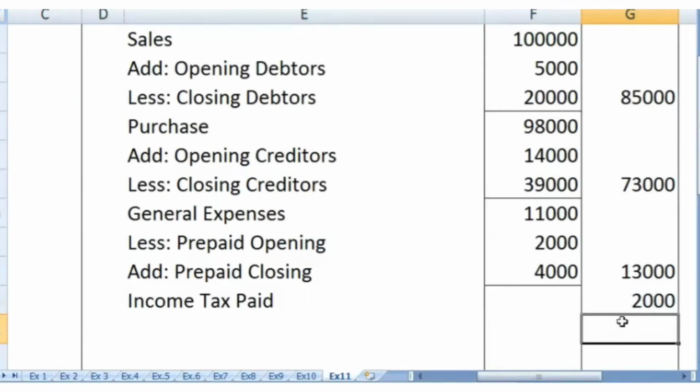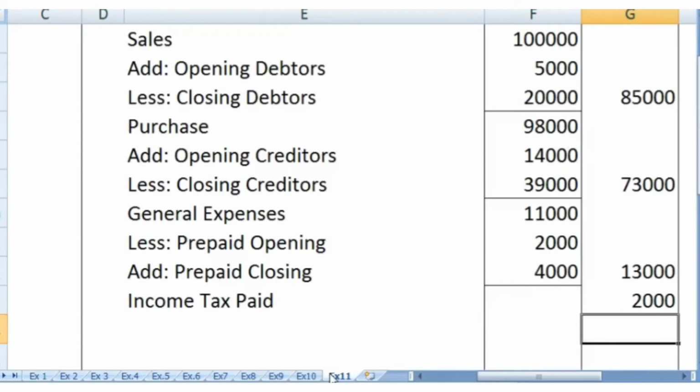Taxation is given 4,000, but I have mentioned here 2,000. How 4,000 to 2,000?